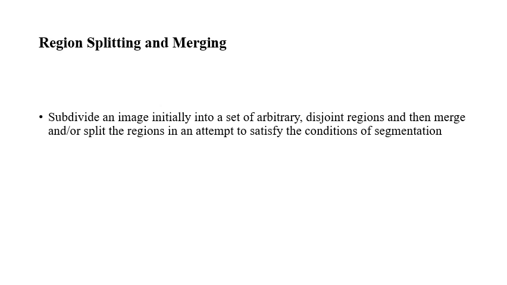So basically, to summarize, region splitting means subdividing an image initially into a set of disjoint or arbitrary regions, and then in merging, we merge them to satisfy the conditions of segmentation. So we merge or split the regions into disjoint regions, and finally we should get some meaningful segments. That is the idea behind region splitting and merging.